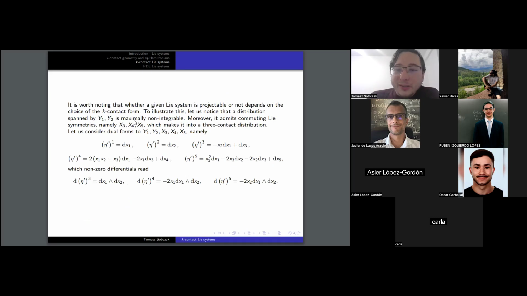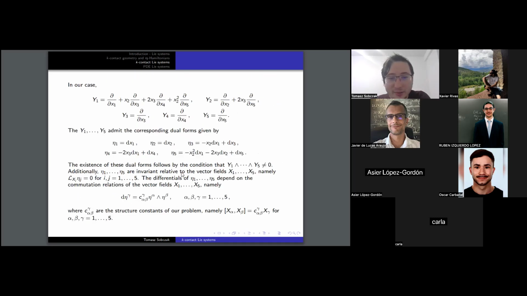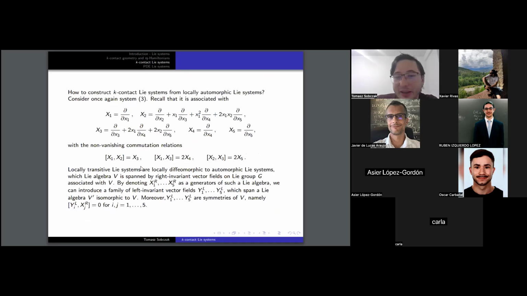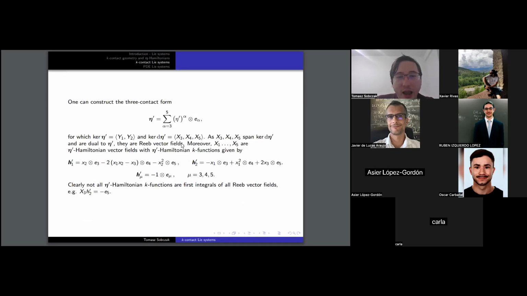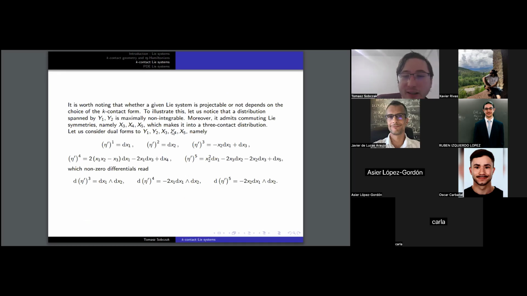There are commuting Lie symmetries, namely X3, X4, X5, because they are left and right invariant vector fields, and one can see that X3, X4, X5 commute between each other. So the next part is fulfilled, and together one can see that they span the tangent space of T M. So we can construct the k-contact form using the dual forms to this part.